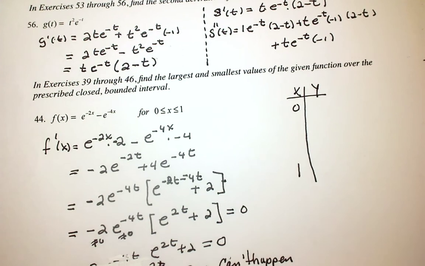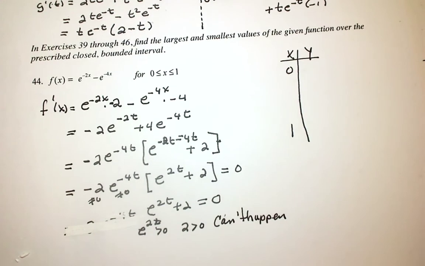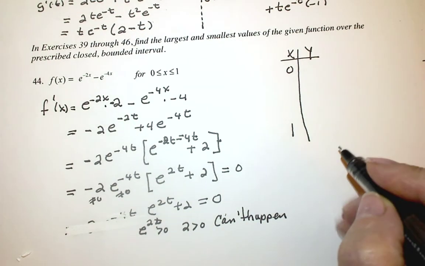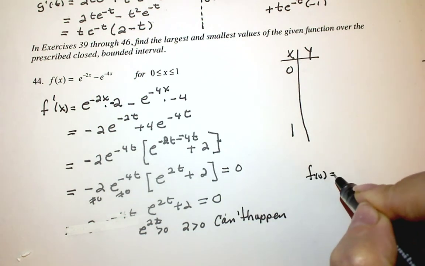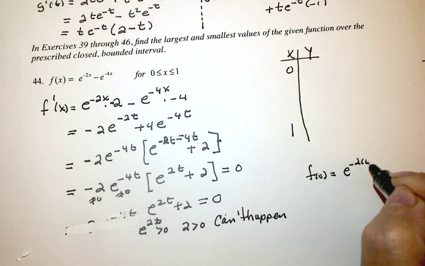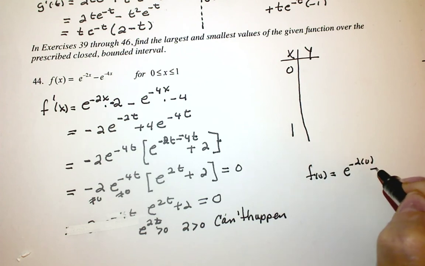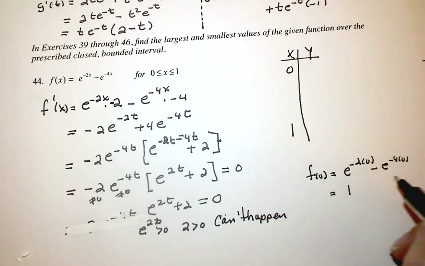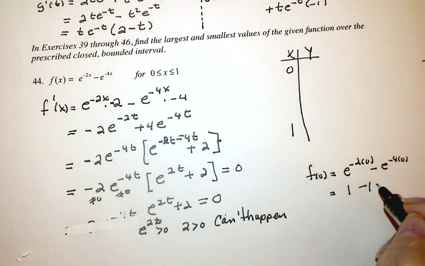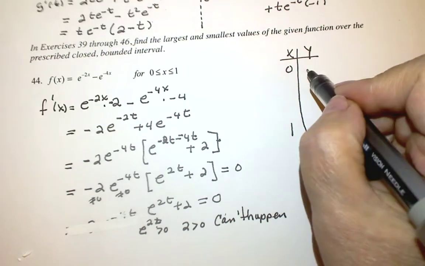So now I'm going to need to check f of 0, which is e to the negative 2 times 0 minus e to the negative 4 times 0, which is e to the 0 is 1, e to the 0 is 1, 1 minus 1 is 0.